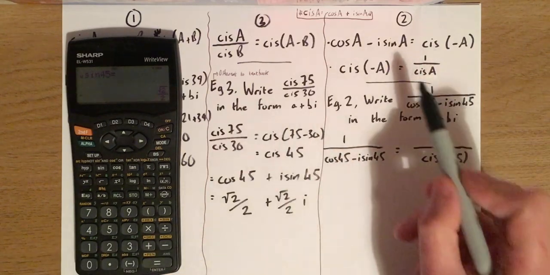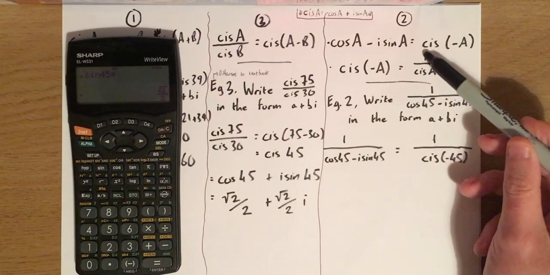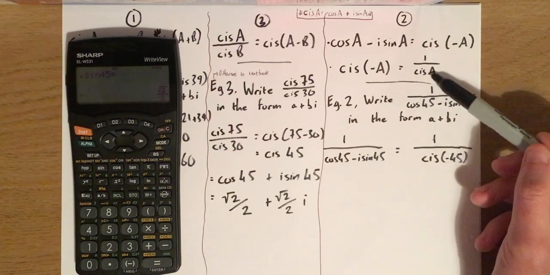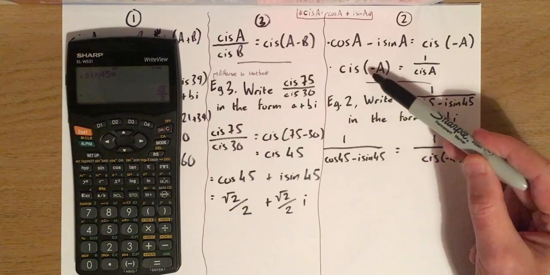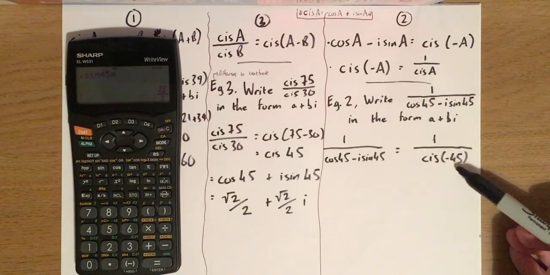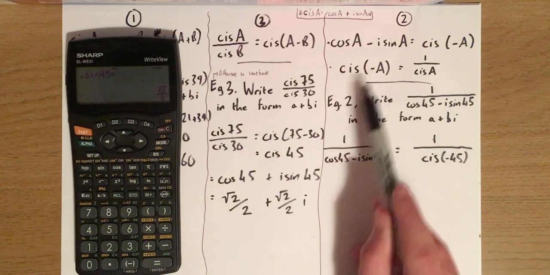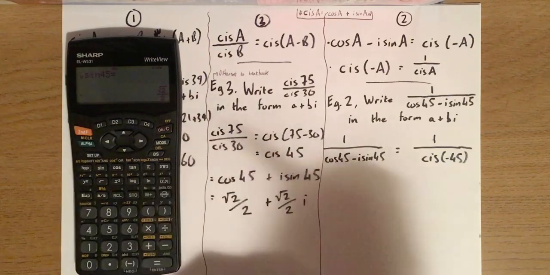Okay, now I'm going to use this step here. So if 1 over the cis of A is equal to the cis of minus A, well then 1 over the cis of minus 45 must be equal to the cis of minus minus 45, or plus 45.